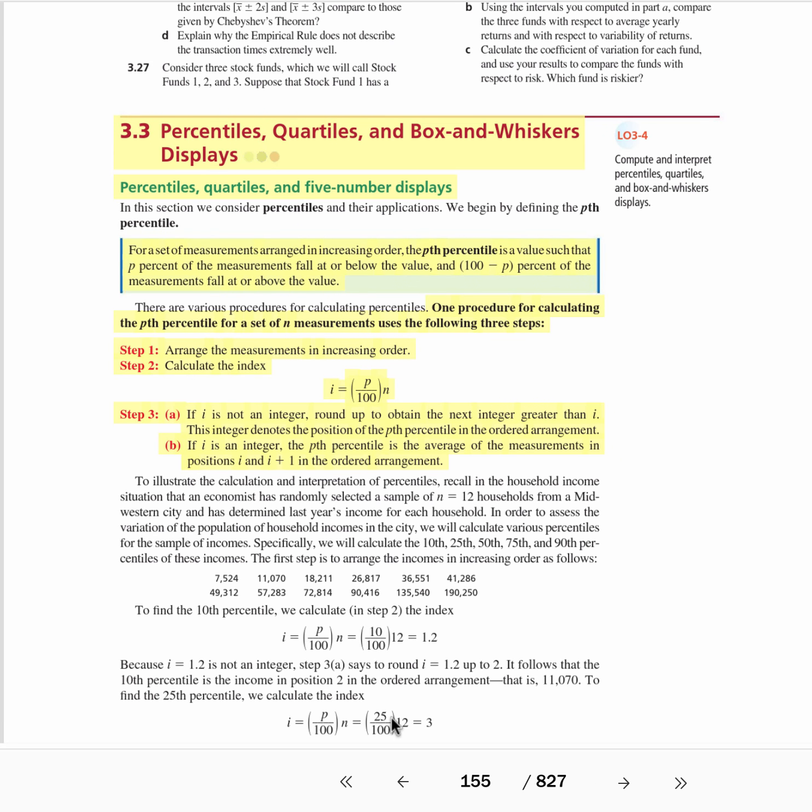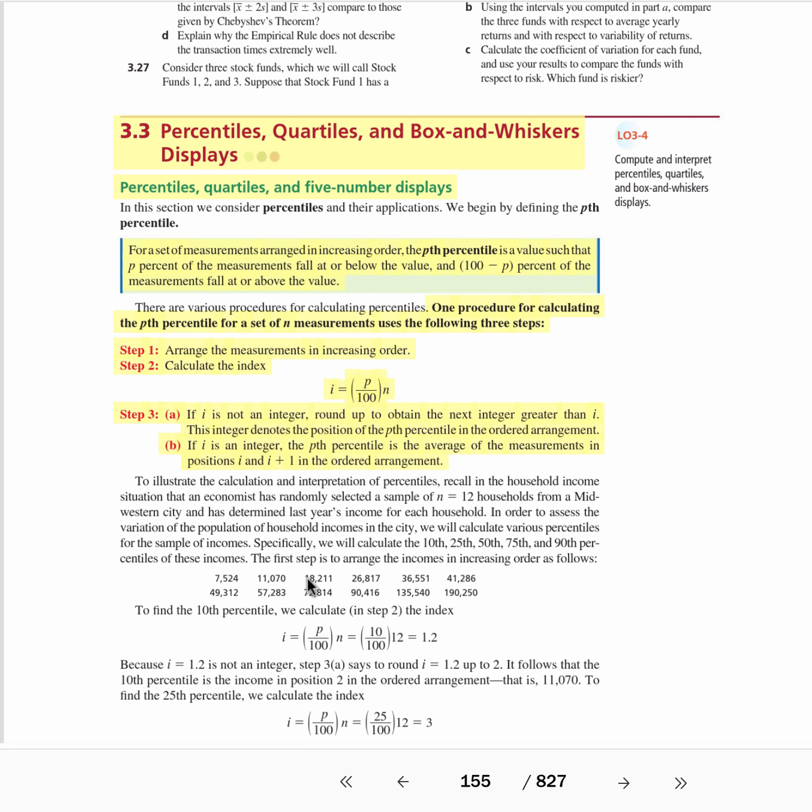The second index we are interested in is the 25th percentile, and this is a situation where you get a number that is an integer. Rule B says if you get a number that is an integer, you look at the data at that number, the third location, 1, 2, 3, and you sum it to the one after it, the index plus 1.